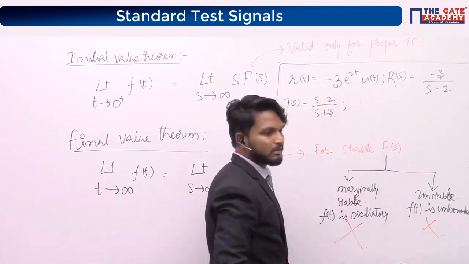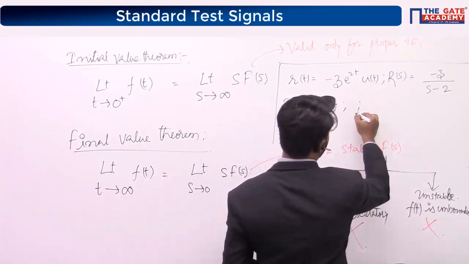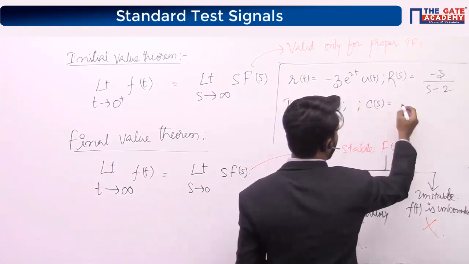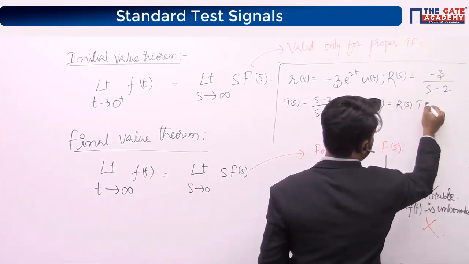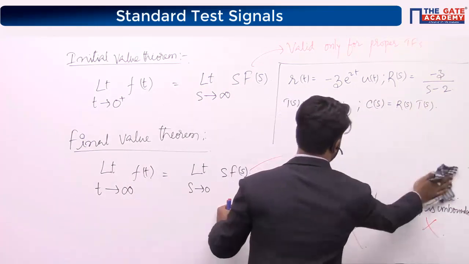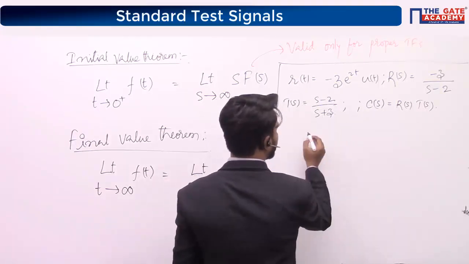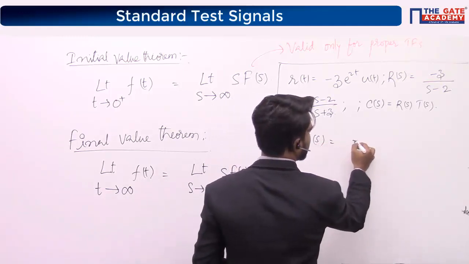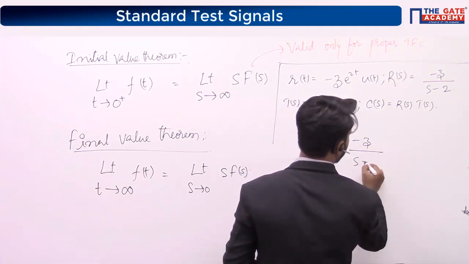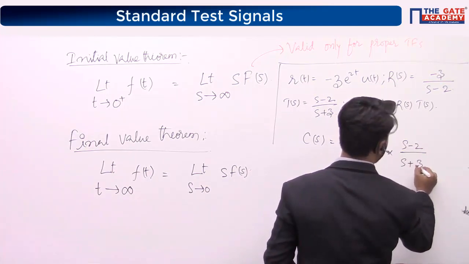What is asked? The final value of the output C of s is asked. Therefore, C of s is equal to R of s multiplied by T of s, that is minus 3 divided by s minus 2 multiplied by s minus 2 divided by s plus 3.